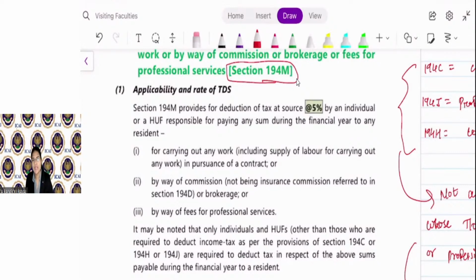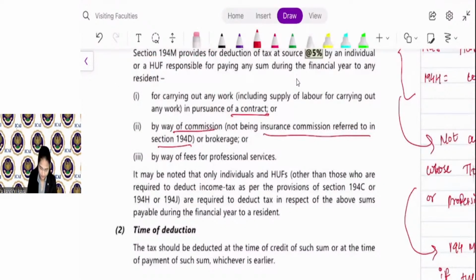For carrying out any work, including supply of labor, in pursuance of a contract, or commission not being commission referred to in section 194D. 194D is for insurance commission or brokerage or by way of professional services. This explanation is given here.